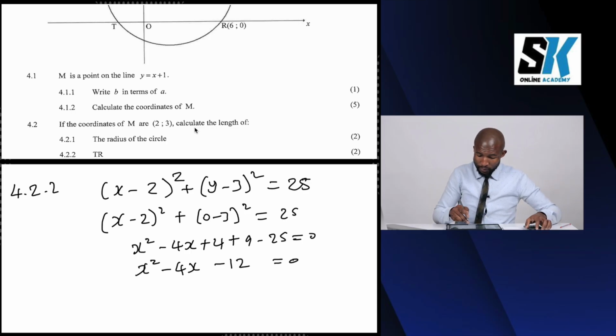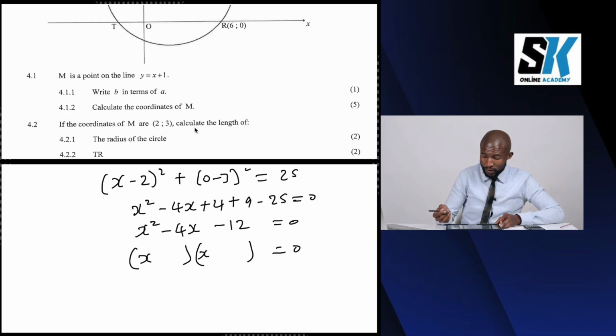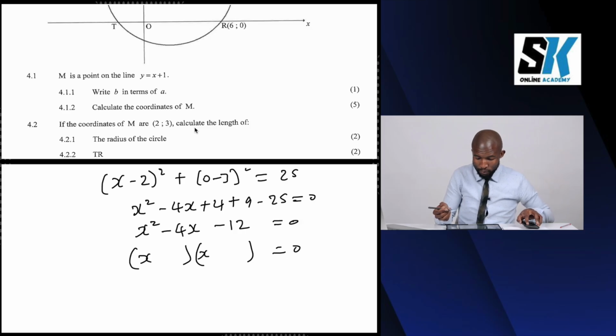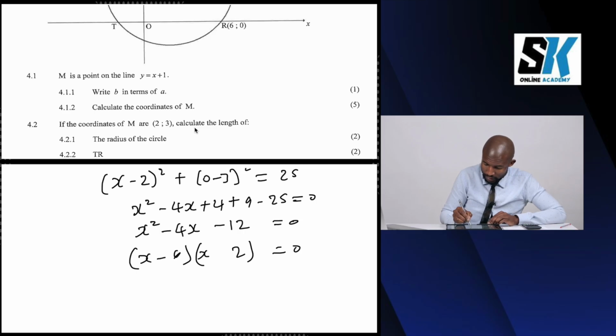So we need factors of 12. So it's (x, x). Factors of 12 that give you a 4 have to be 6 and 2. And then for your signs, you have to say minus 6 and plus 2 to get a negative 4.